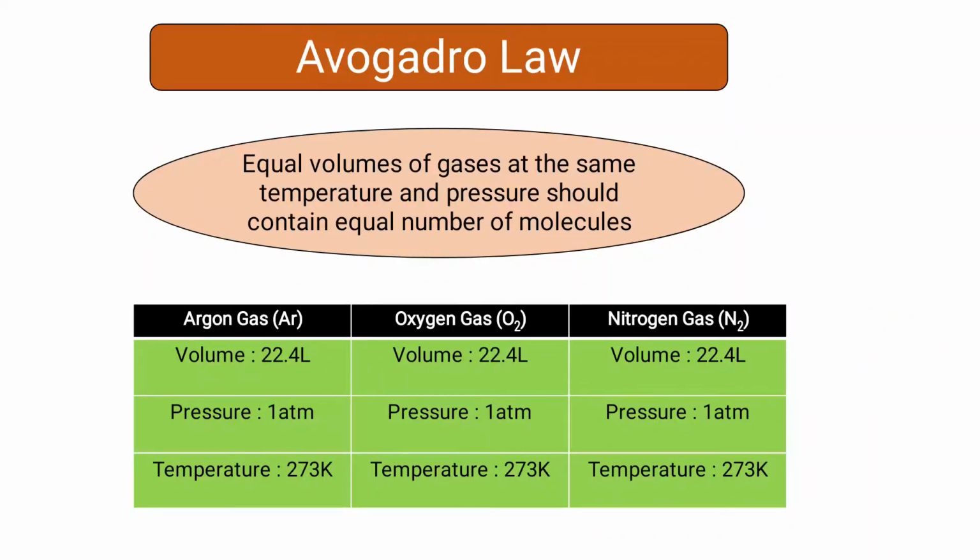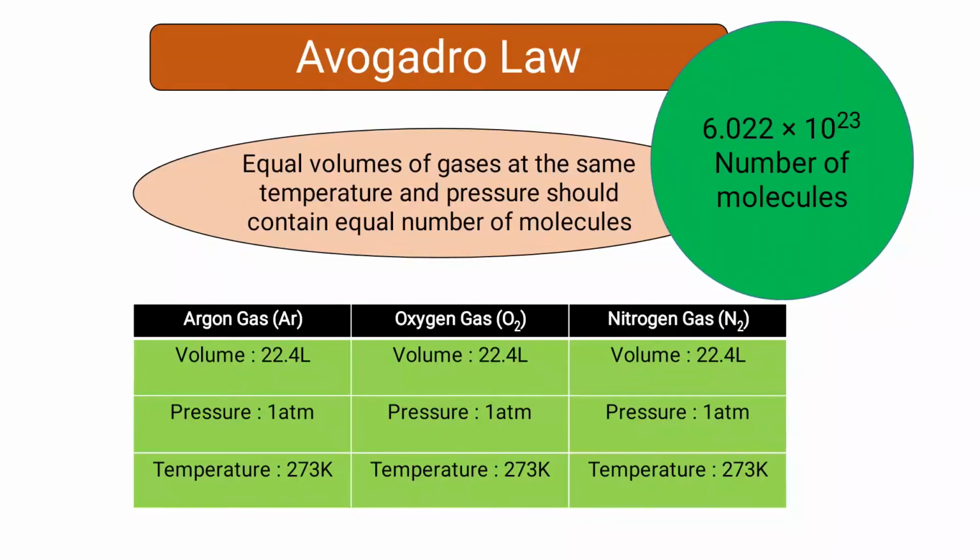So equal volumes of gases at the same temperature, that is 273 Kelvin, and same pressure, that is 1 atmosphere, will contain equal number of molecules. So with this same temperature, same pressure and same volume, all these 3 gases contain 6.022 into 10 raised to the power 23 number of molecules.